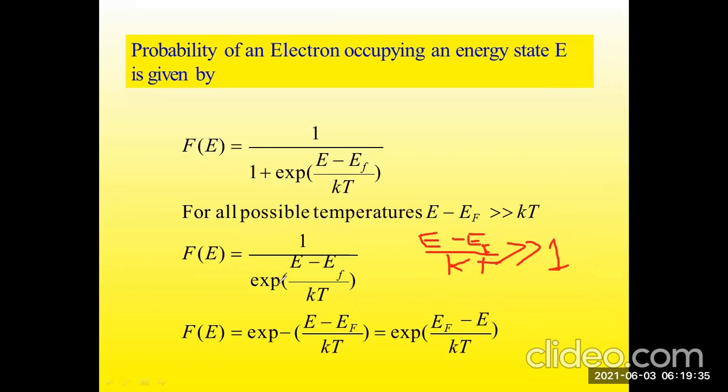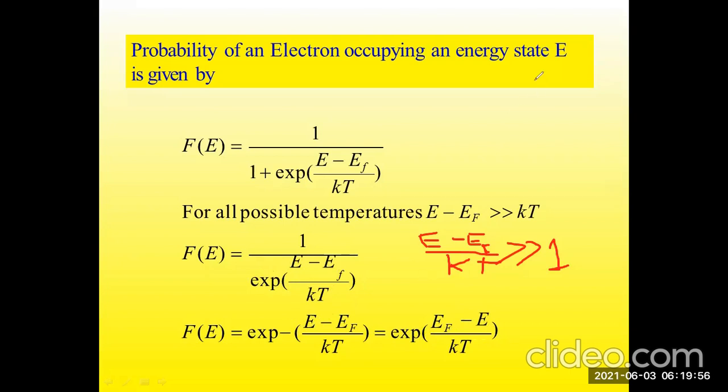So the denominator is exponential of (E minus EF) by kT. When it comes to the numerator, the negative sign will come. Or else you can write f of E is equal to exponential of (EF minus E) by kT.